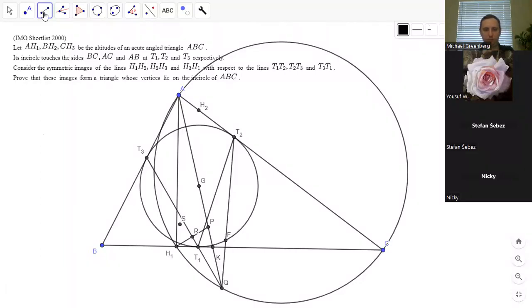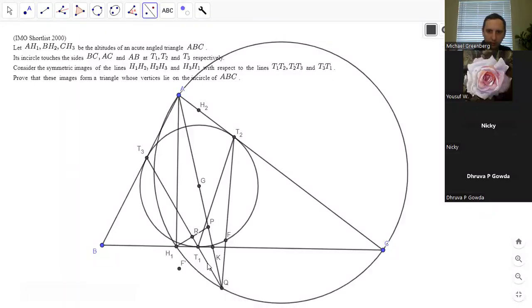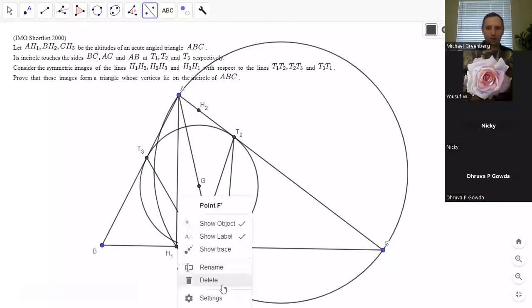QC, T1, QC. So reflect F through T1, T3. Okay, I'm going to delete this. So we reflect F through T1, T3.